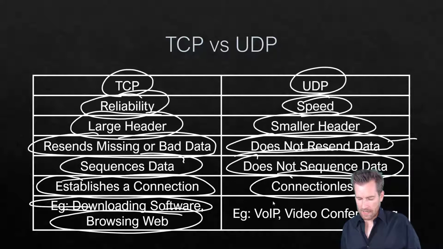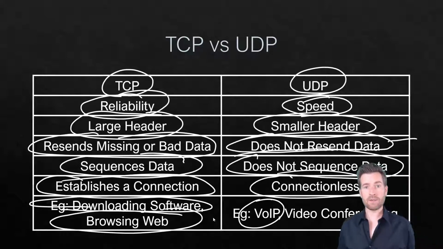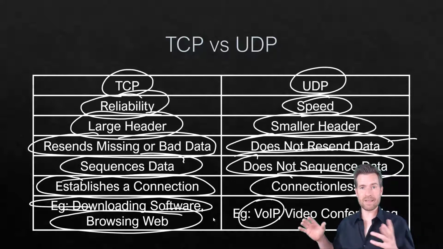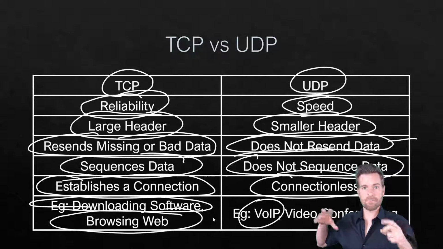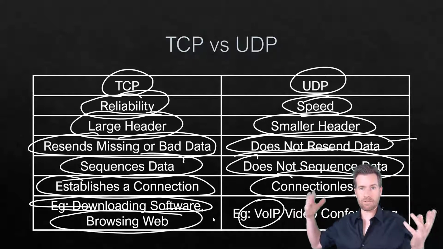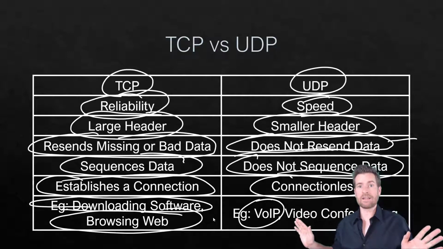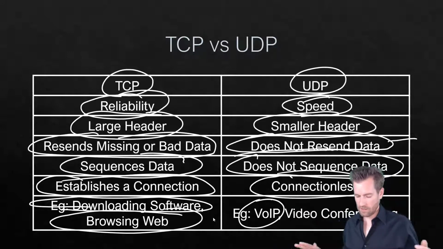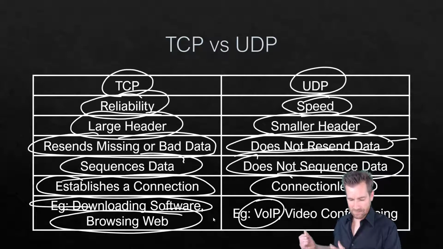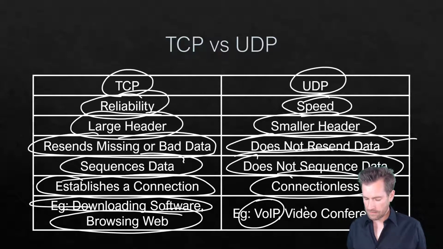Versus UDP is more to deal with things like VoIP, or voice over IP, because when it's sending data to the other side, if data is delayed or missing, it's too late. You're part of the conversation. If it's waiting for a component of that conversation, it's going to get lost, and it's too late to be delivered after the fact. And so VoIP just needs that speed to get over there. Video conferencing, same thing.